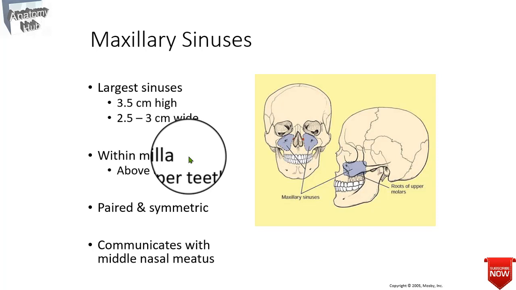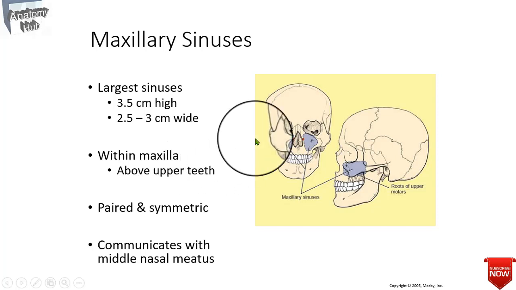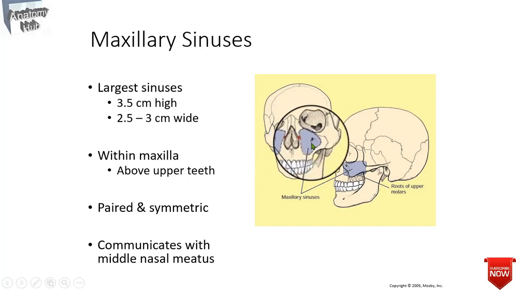So the maxillary sinuses are actually paired in number, and they are present in the body of the maxilla that you can observe, and they are actually pyramidal in shape.